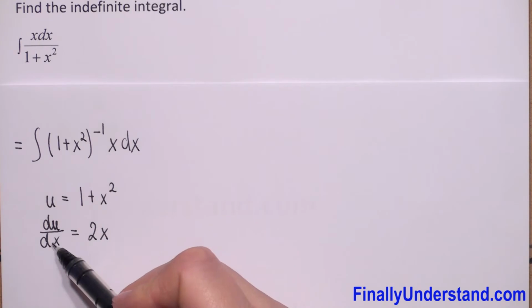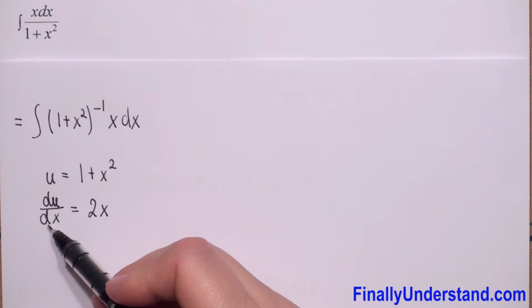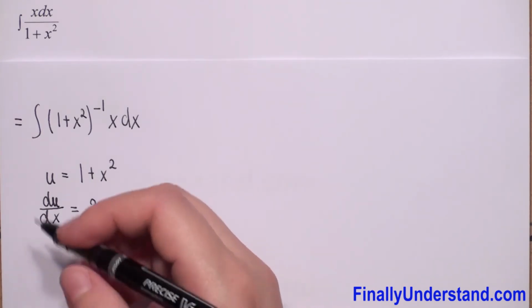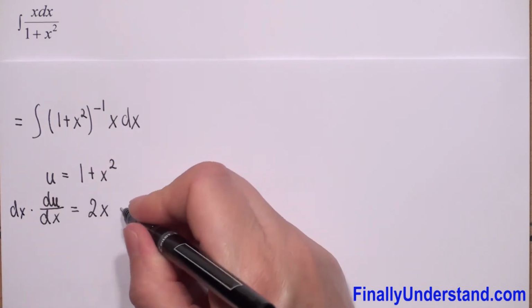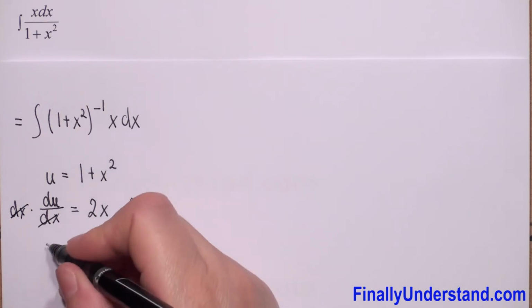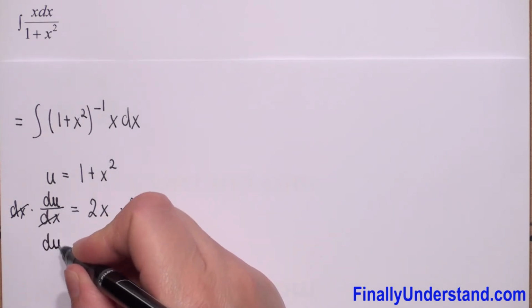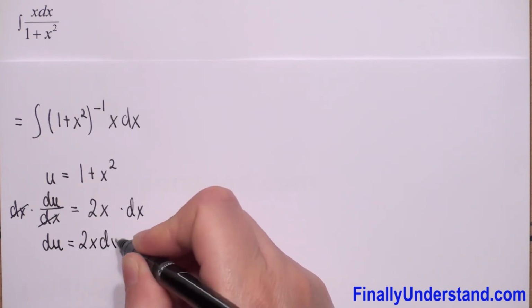So first, because we have a fraction here and in the denominator we have dx, I will multiply both sides of our equation by dx. So dx and dx we can reduce, and we have du is equal to 2x dx.